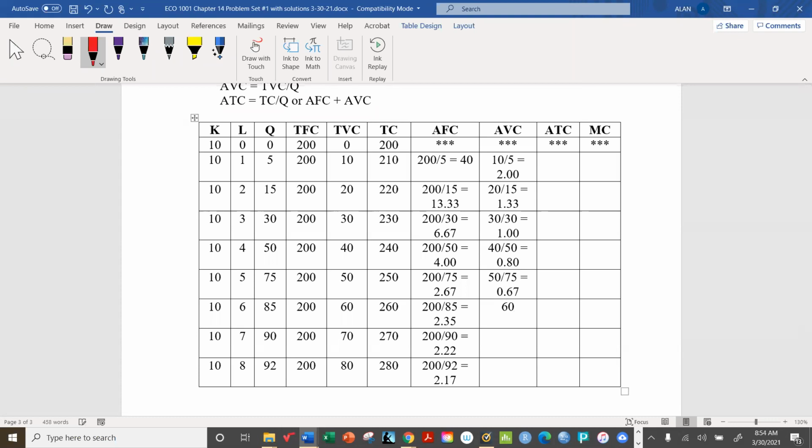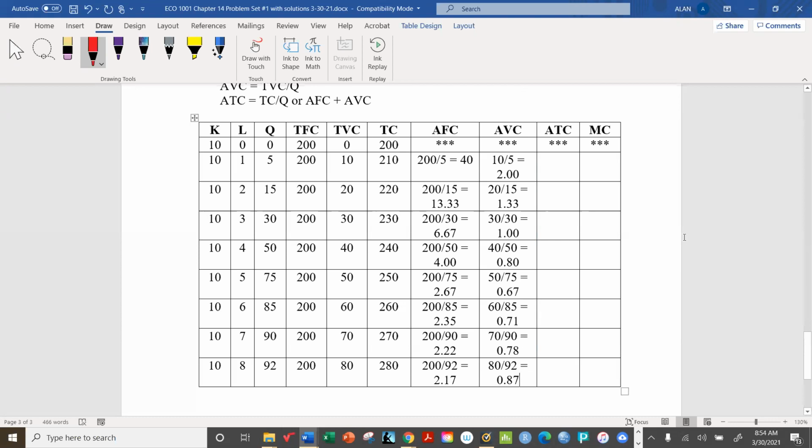Then we have 60 over 85, which is approximately 0.71. Then we'll have 70 over 90, which is 0.78. And then finally, we'll have 80 over 92, and that's 0.87.